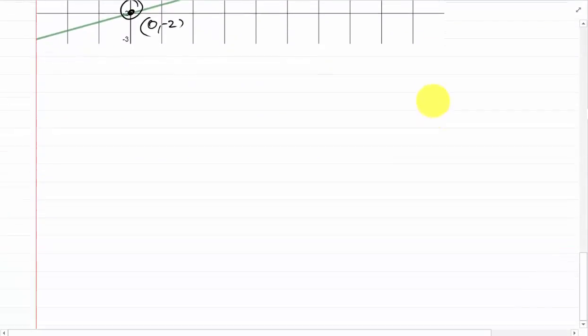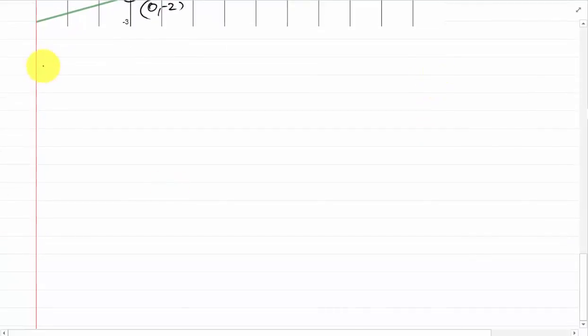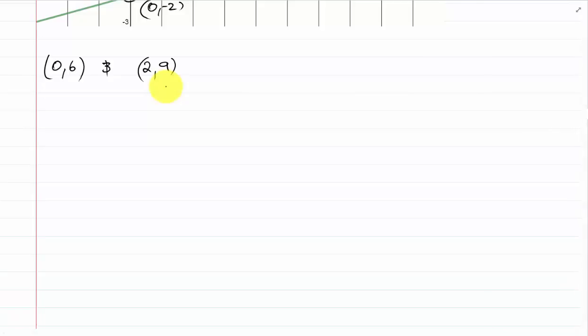But what about if you're given two coordinates? So let's say we're given the coordinates (0, 6) and (2, 9). Now the good thing here is we're actually further on than the graph. In the previous example we had to find two coordinates. Now we know the two coordinates. So m is just equal to 9 minus 6 over 2 minus 0, which is 3 over 2.